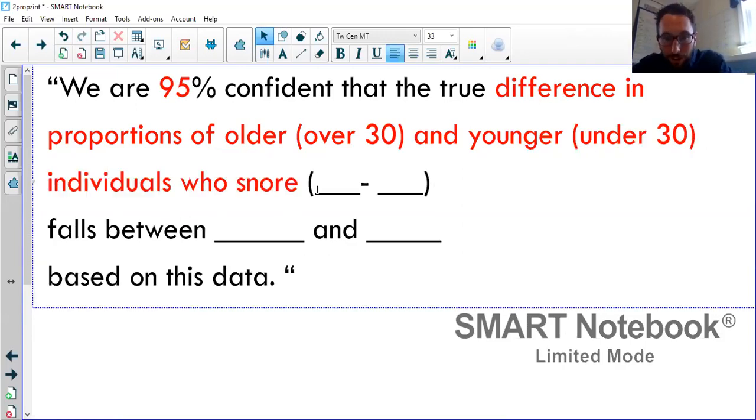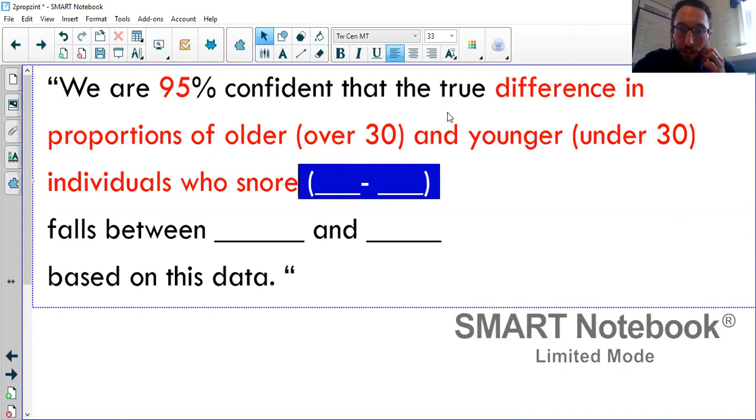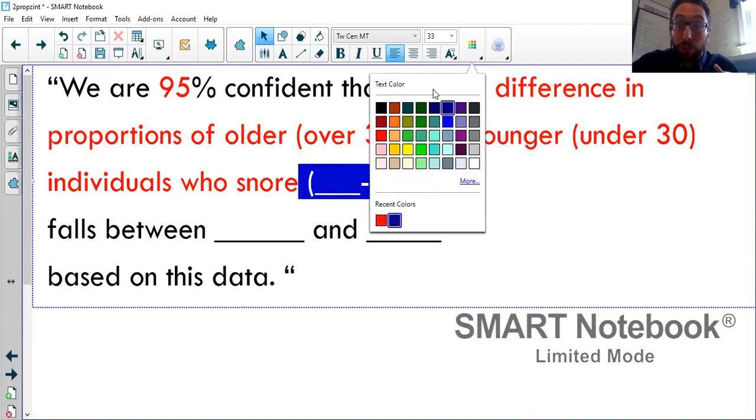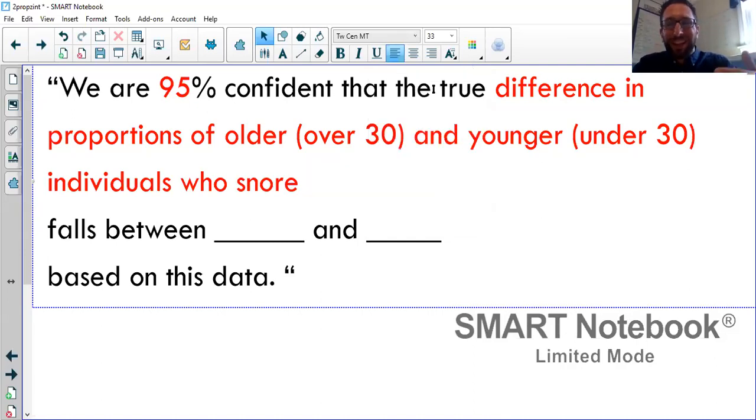Now this is here because it's important that we include the order of subtraction. The calculator always does 1 minus 2, but we have to specify that in this context. You'll see on the next slide, the last piece of the interpretation, don't worry, we're almost done, that the order of subtraction is critical to understanding what the numbers in the interval actually mean. So we have to include it so we can make sense of what the positive and negative numbers mean. I almost should have subtracted in the other order for this example so we got negative numbers, so it wouldn't even be possible to think those were percents of people who snore, but we'll touch on that in a second.